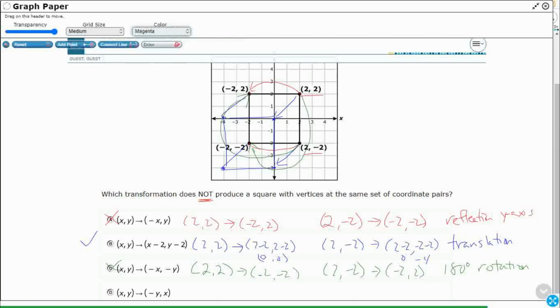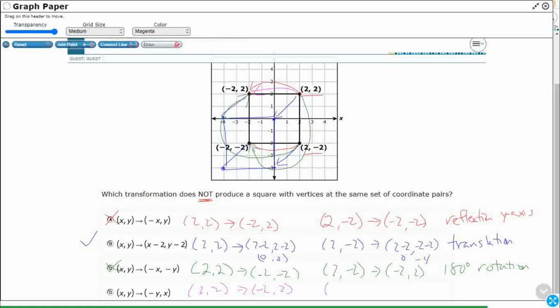Let's check our last one. Now this one, as you can tell, we're flipping it a little bit, right? So we've got my 2, negative 2. My y becomes my new x, and it becomes negative. And then my x becomes my new y. Okay, so I've got my 2, 2 goes to negative 2, 2. So we've already done that one, but it's not the same as a reflection.